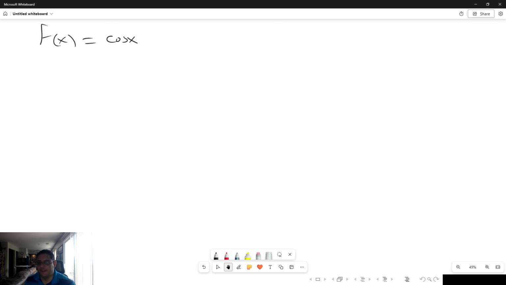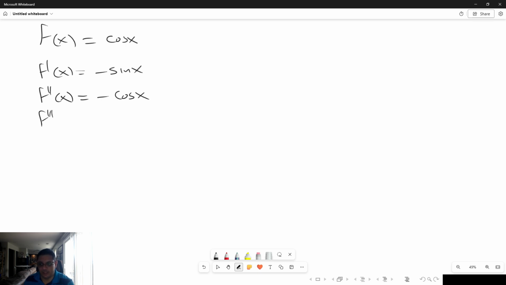So if I have f of x equals cosine of x, one of the things that you'll see is that f prime is going to be minus sine, since that's the derivative of cosine. But when you take another derivative, then you're going to have minus cosine. So you cannot return to the original function, but now it has a negative sign. You can see where I'm going with this.